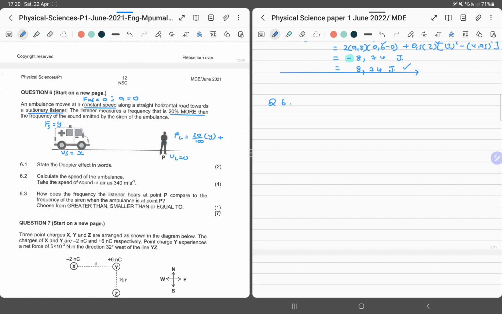So it's going to be the 20% of that value plus its value again. So that means the frequency of the listener is like that. And then that is the story. So please make sure you understand statements that are given to you, because they always try to trick you. 6.1, easy: Doppler effect in words.